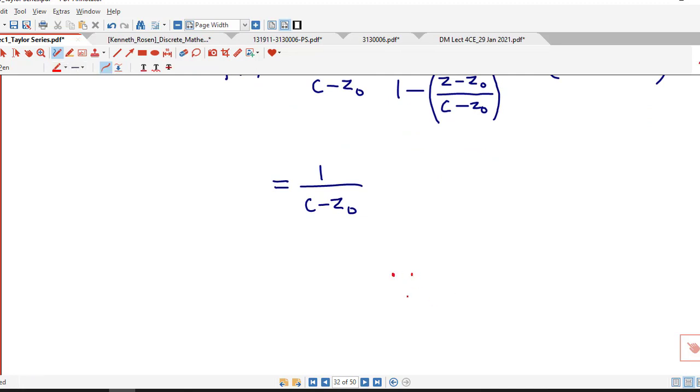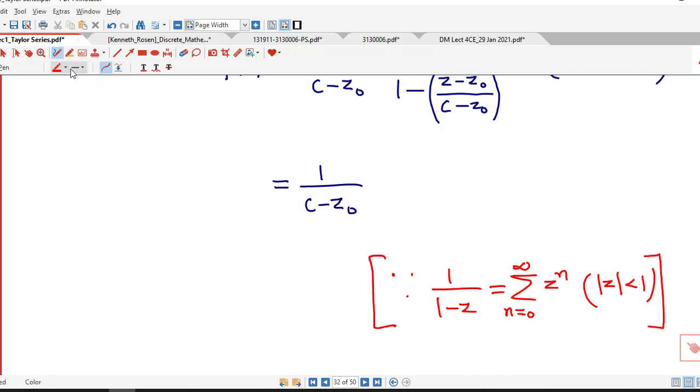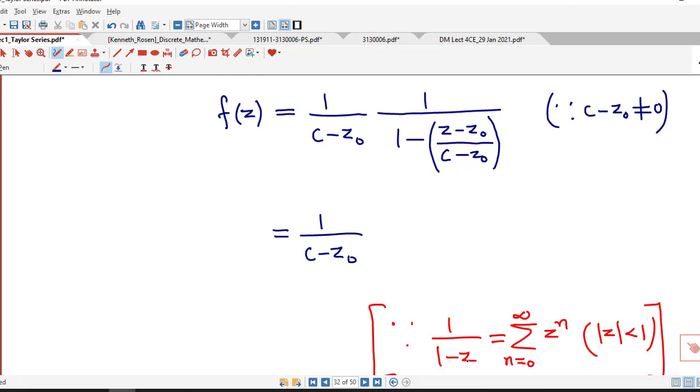We know that 1 over 1 minus z is nothing but sigma z raised to n, n runs from 0 to infinity, and this is valid if absolute value of z is less than 1. We are using this standard expansion for this quantity. Instead of z, we have z minus z0 over c minus z0. So in this series, we replace z by z minus z0 divided by c minus z0.